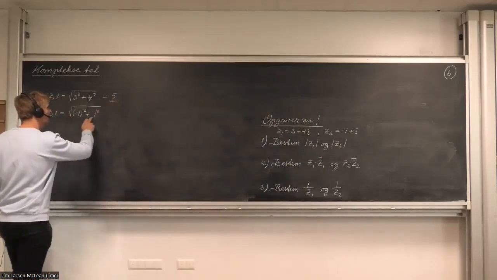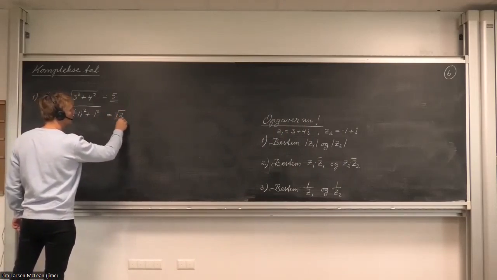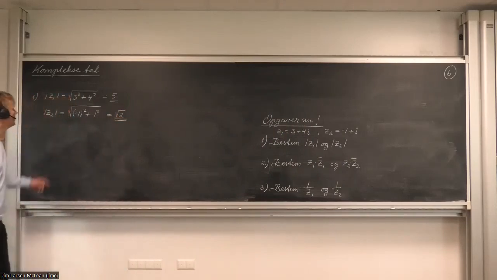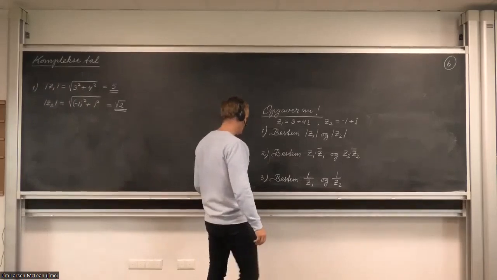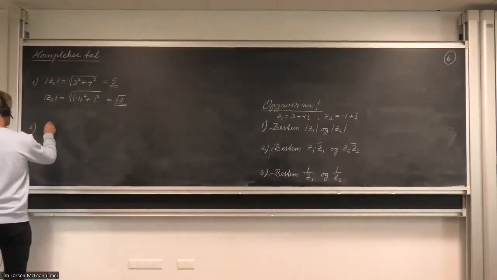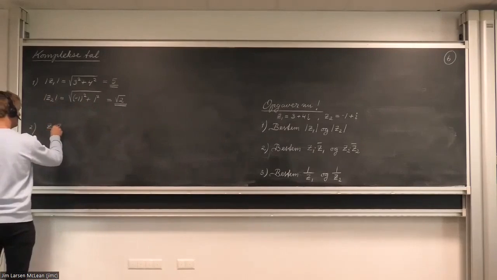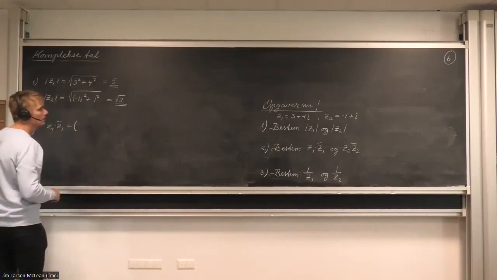So here it's 1, here it's 1. And that should give the square root of 2. So there's the square root of 2 as the modulus of Z2. Now there's task 2. Here I need to determine Z1 times Z1 conjugate. That means I should write plus 4i.